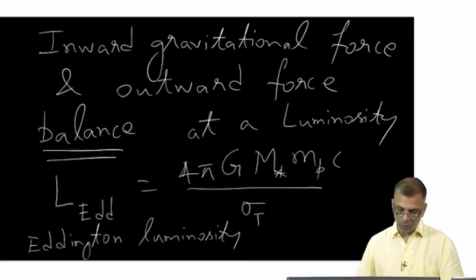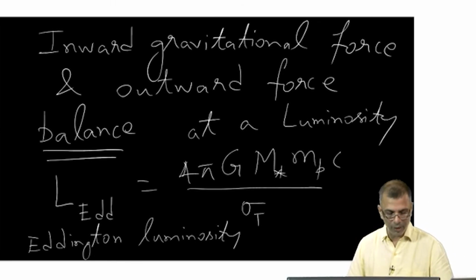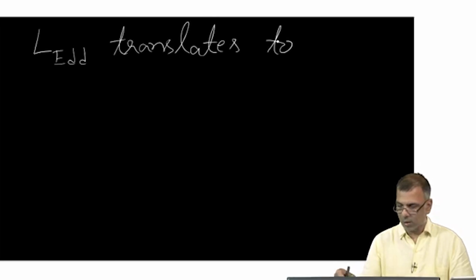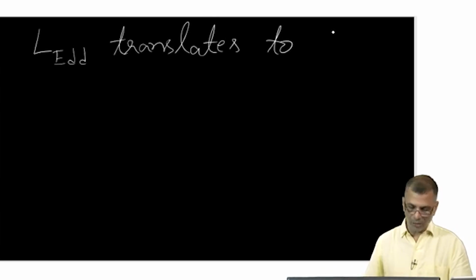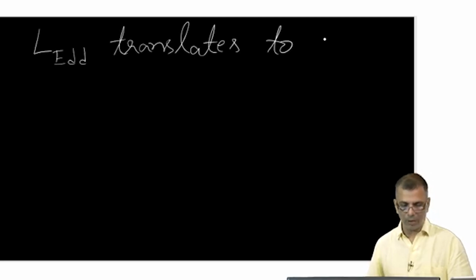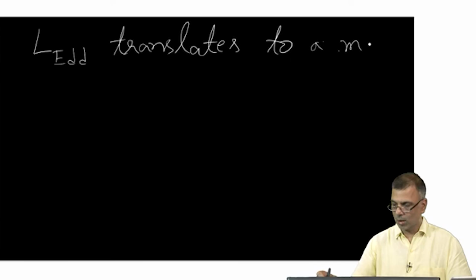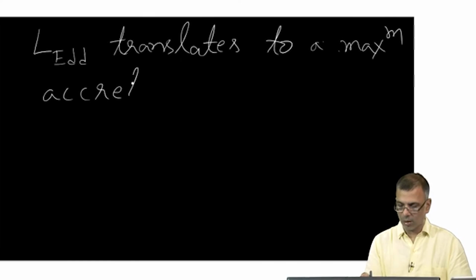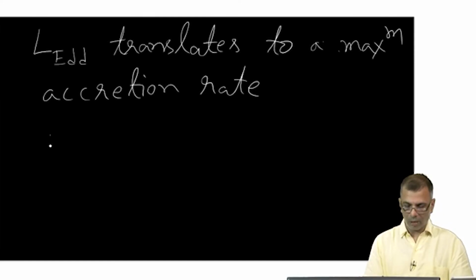So what does this have to do with the accretion rate? Well, if you work it out, it will turn out that this translates to a maximum accretion rate, m dot, grams per second.